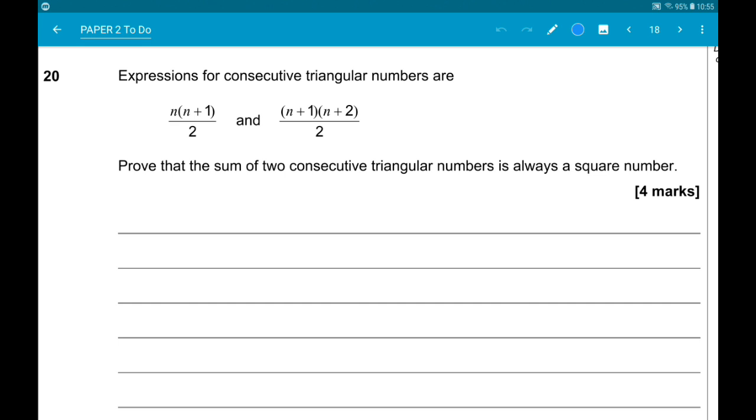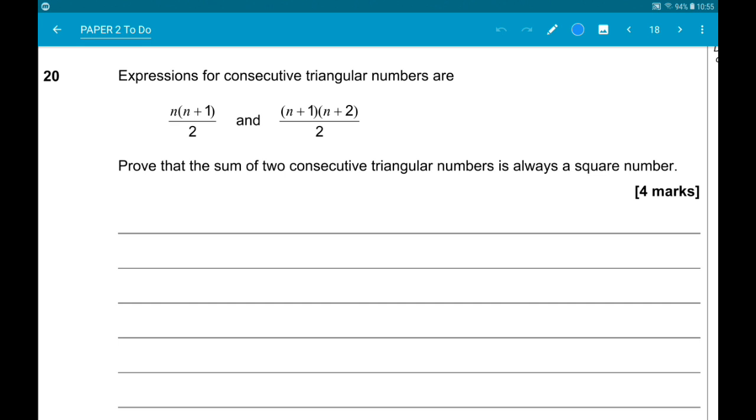So expressions for two consecutive triangular numbers are n times n add 1 over 2 and n add 1 times n add 2 over 2. Prove that the sum of consecutive triangular numbers is always a square number. Okay, so sum means to add together.